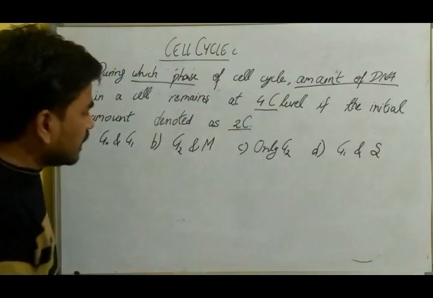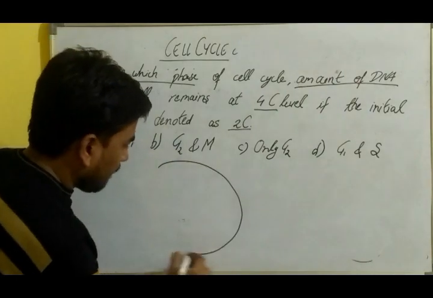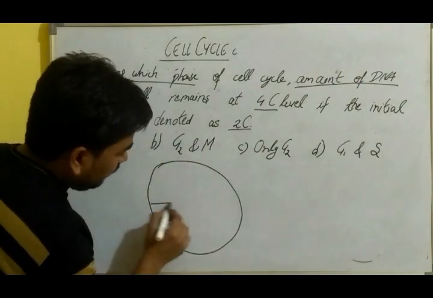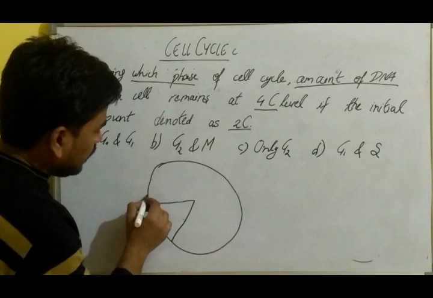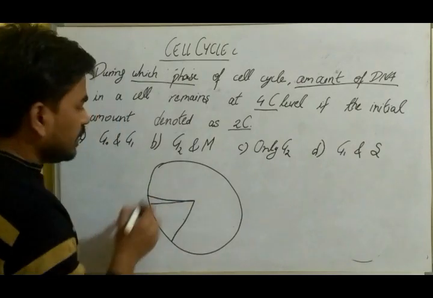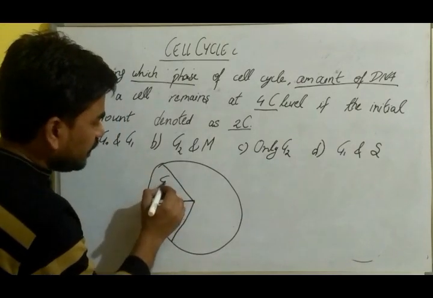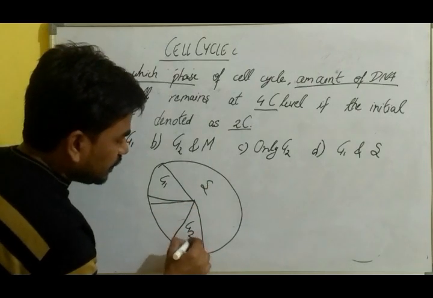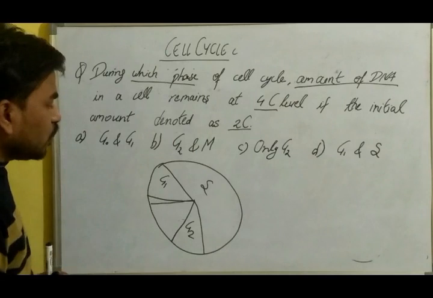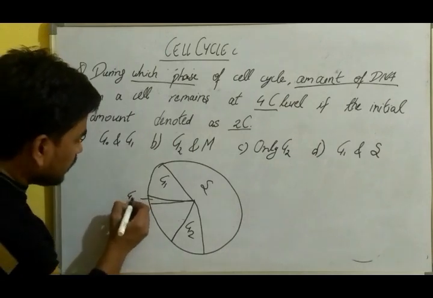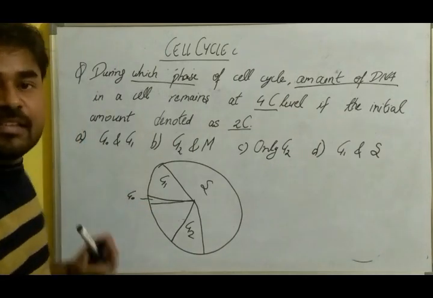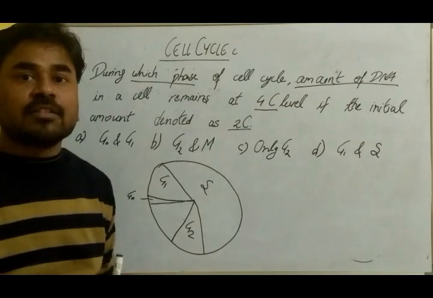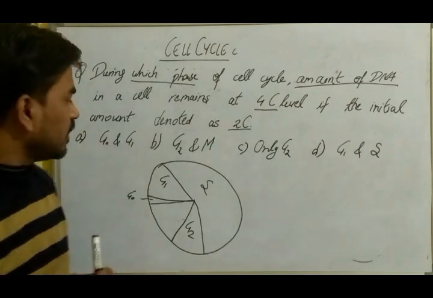So what we have seen in the cell cycle, there is M phase, a small G0 phase, and after that there is G1 phase, S phase, and G2 phase. So this is G0 phase. In the G0, the cell cycle gets arrested and the new cell cycle begins.